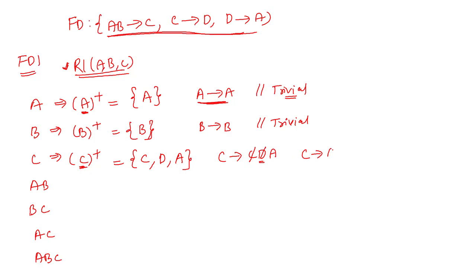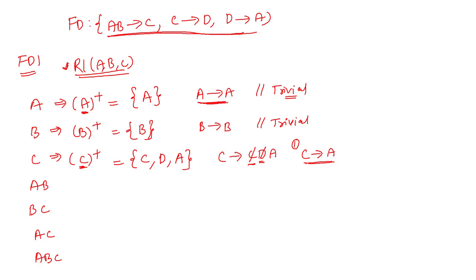C implies A. This is one functional dependency which I got. Okay, I have removed this C on the right side because this is a trivial attribute, right? C is a trivial attribute and D is not present in R1. So that's why D also I removed. So from this I got a functional dependency C implies A.